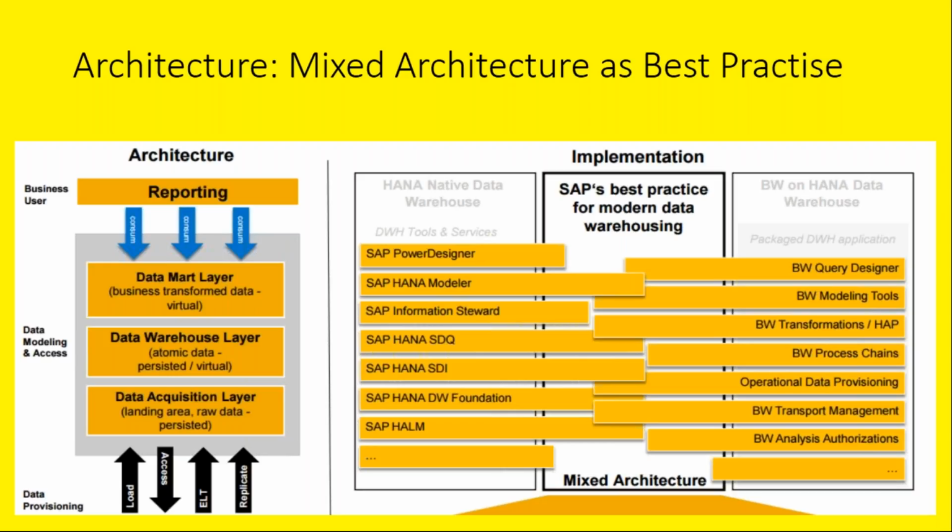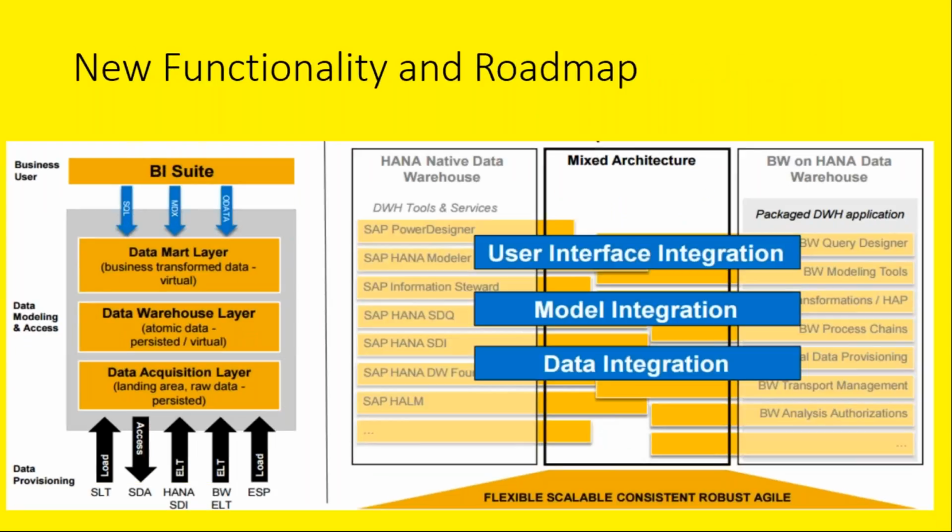The BW ways of extraction are going to remain as they are, but you will have additional provisioning methods using SLT and SAP BusinessObjects Data Services added into the mixed scenario. We will also have newly created models apart from the regular modeling you have in BW, the extended star schema of creating DSOs and InfoCubes. Along with this, you also have mixed scenarios where you can create advanced DSOs.